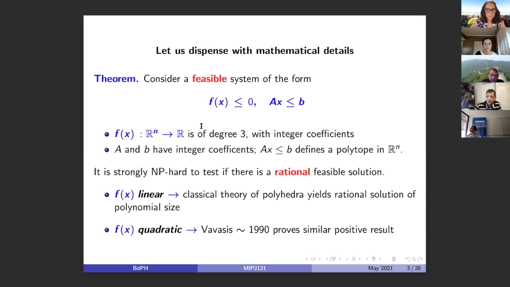Perhaps less well known is that for the quadratic case, Vavasis has proved a similar result, that there is a feasible rational solution of polynomial size, if one is feasible. And this result heavily, again, relies on the theory of polyhedra as well as a subroutine.